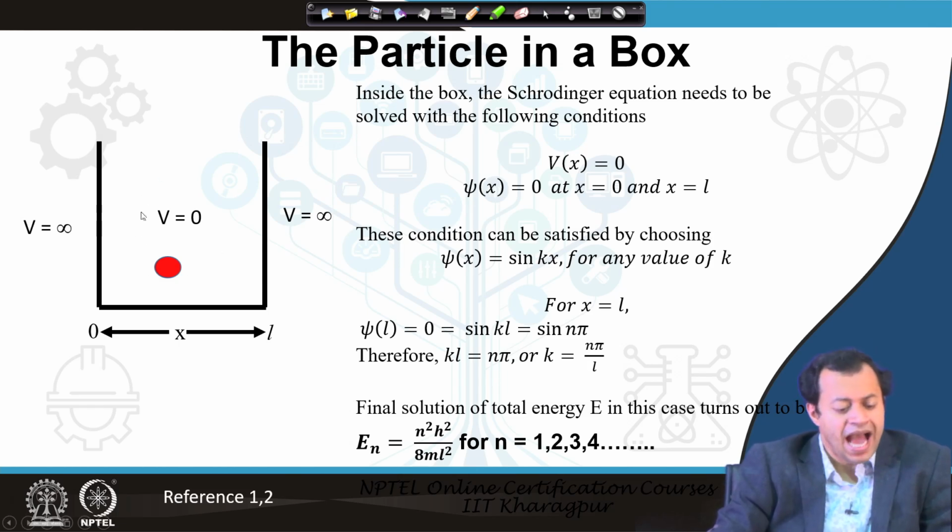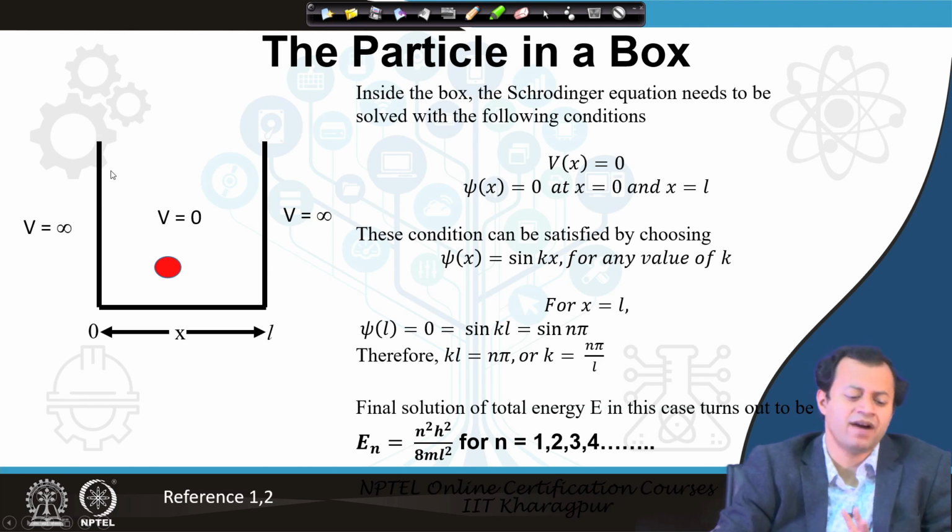So, we have restricted the movement of the electron in this two-dimensional box, which has a length of L. Suppose these two directions are infinite, it is an infinite potential well, and you have put a particle, supposedly an electron, because we are modeling the electron, in it.